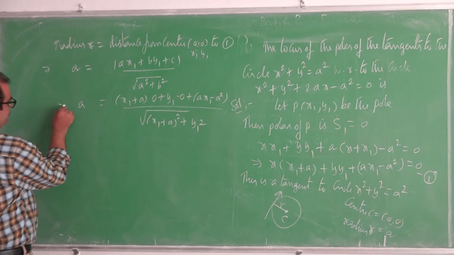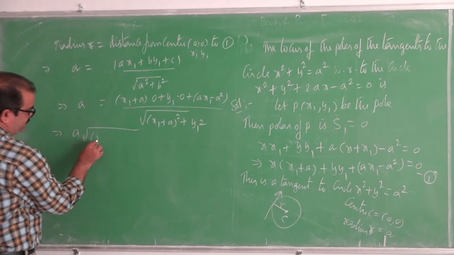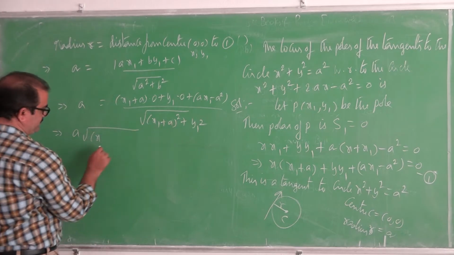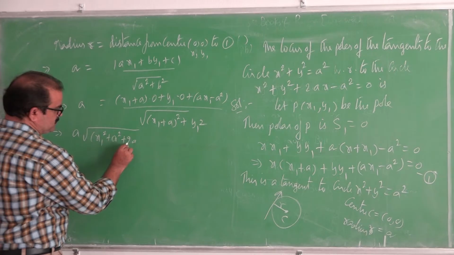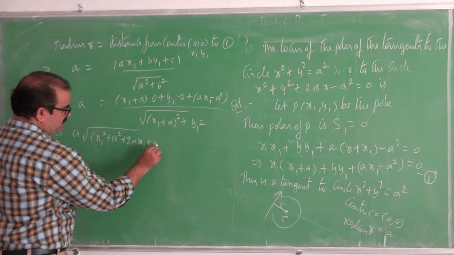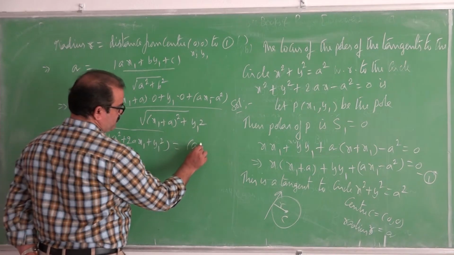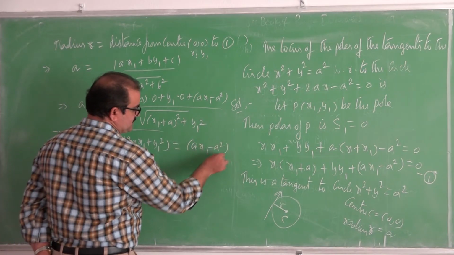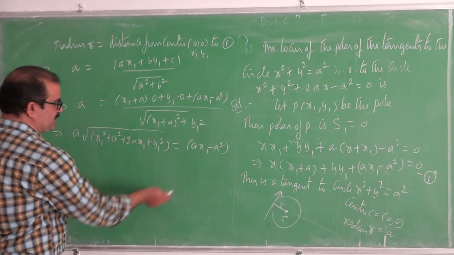Now cross multiply: a into root of, you expand it, x1 square plus a square plus 2a x1 plus y1 square is equal to ax1 minus a square. To remove square root, squaring on both sides.